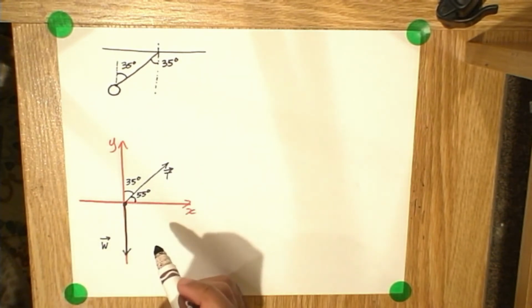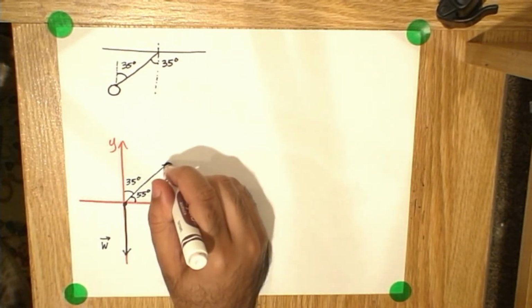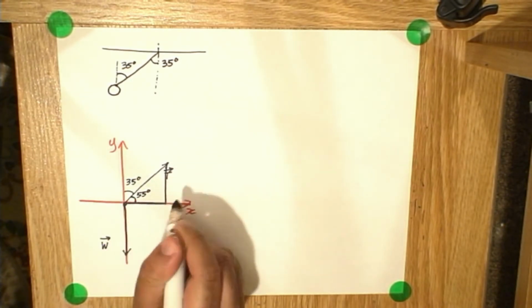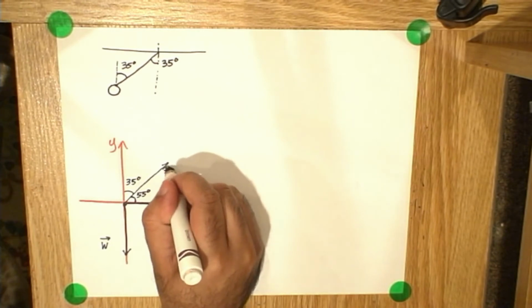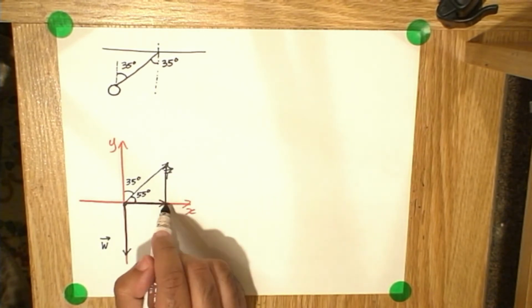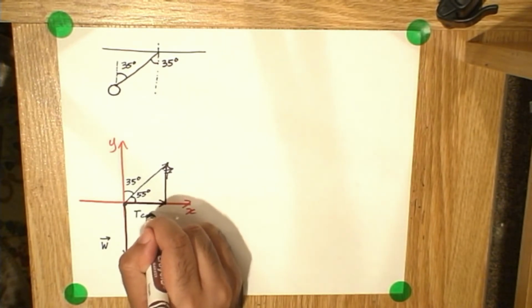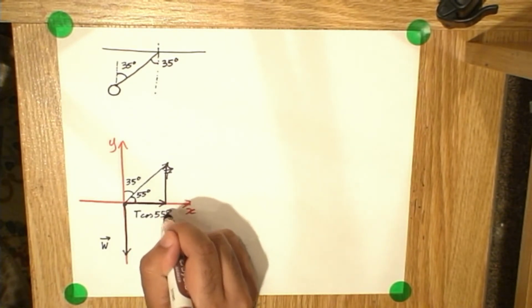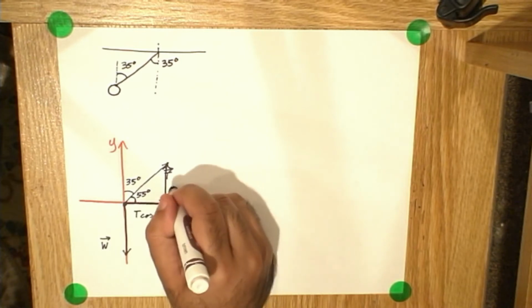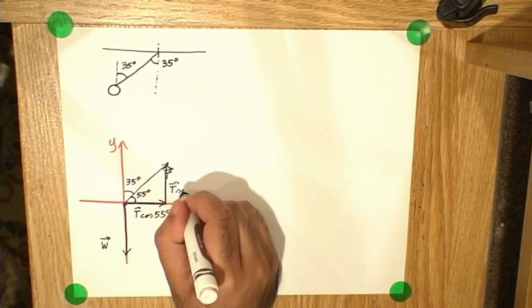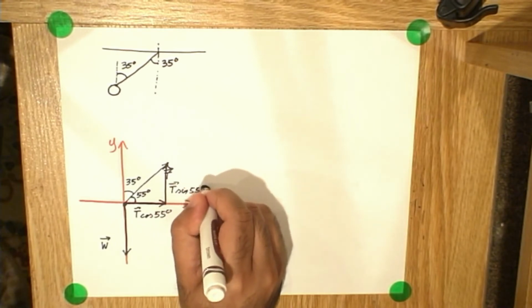Now, since the tension is at an oblique angle, we need to break it into its components. The horizontal component would be given by tension cos 55 degrees, because this is the component that is adjacent to this angle. And the component that is opposite this angle would be T sine 55 degrees.